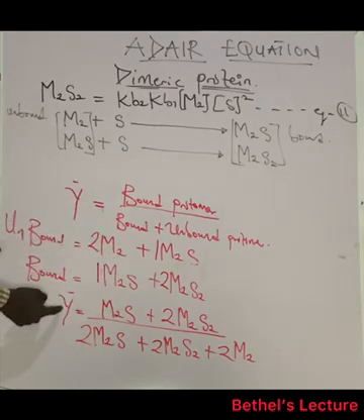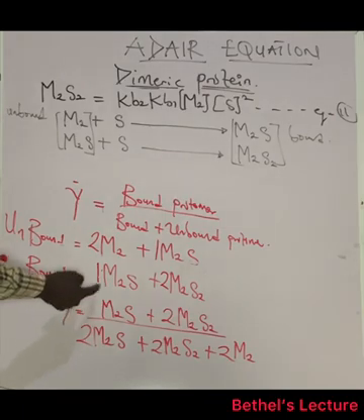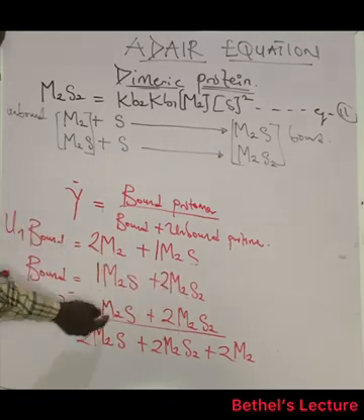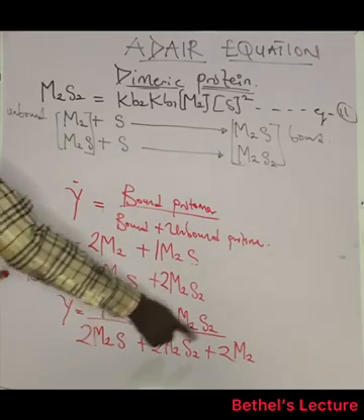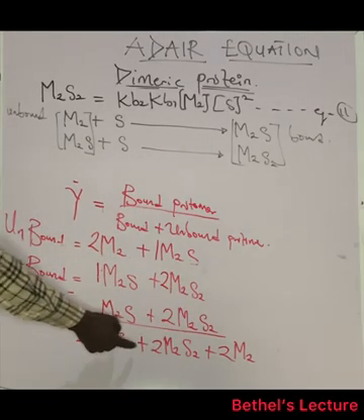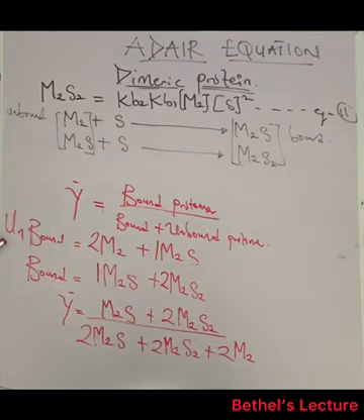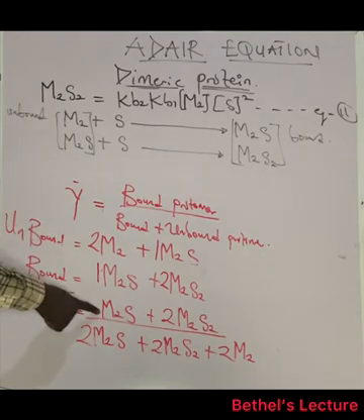So fractional saturation is equal to bound. So this is the bound. Okay? So this is the bound. Then all over the total. Like I explained before, we now have 2M2S plus 2M2S2 plus 2M2. Alright? So let's move further now. Mind you, we already have an expression for M2S.